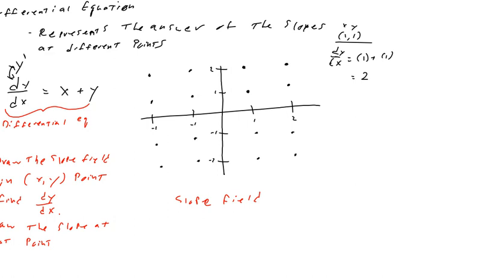So at the coordinate 1, 1, our slope of the graph is 2. So I'm going to draw a line like that. M equals 2 at that location. Dy dx equals 2 at this location right here. So I'm going to draw the line showing my graph at that location.